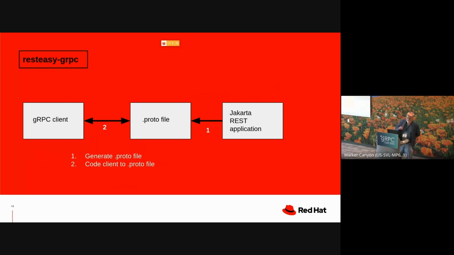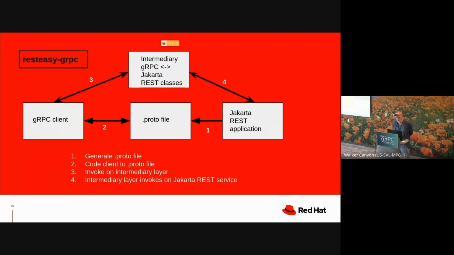But you can't invoke directly from the gRPC client to the Jakarta REST application. So we need some intermediary classes to make it possible. So now the gRPC client invokes on a gRPC service on the server side, and that service is going to do whatever magic it needs to do to transform that into a Jakarta REST invocation.